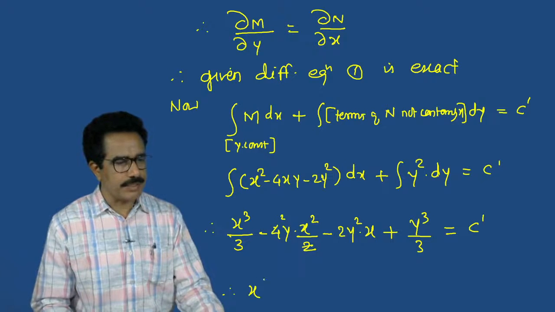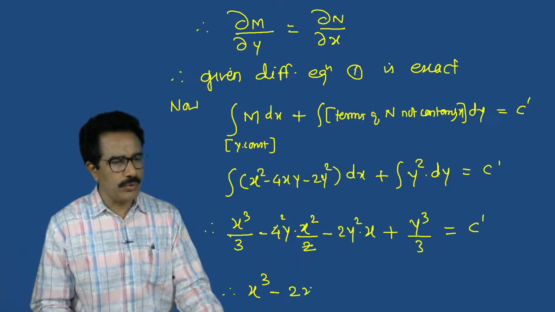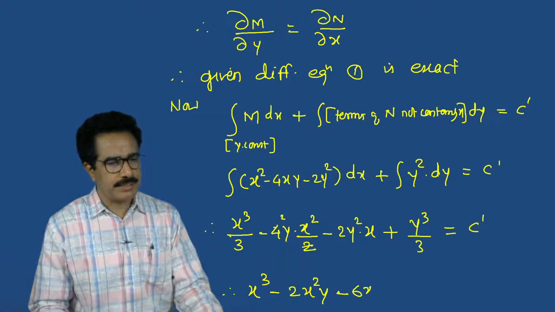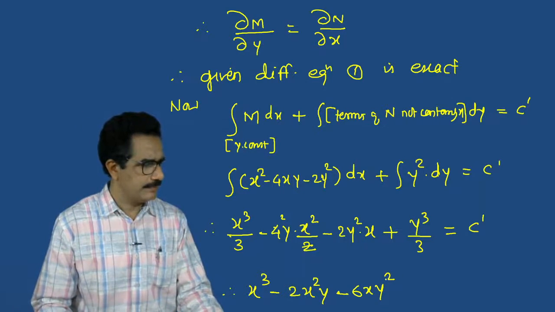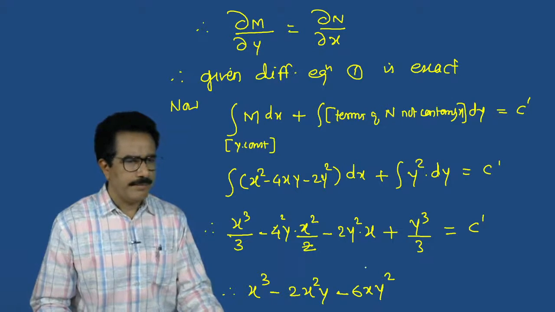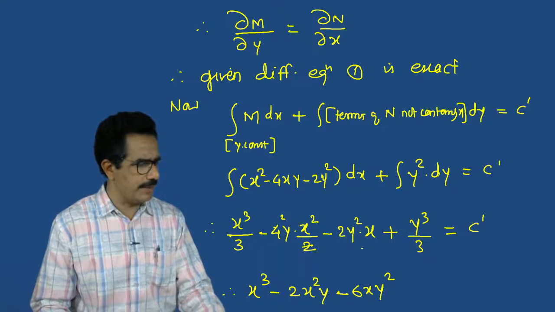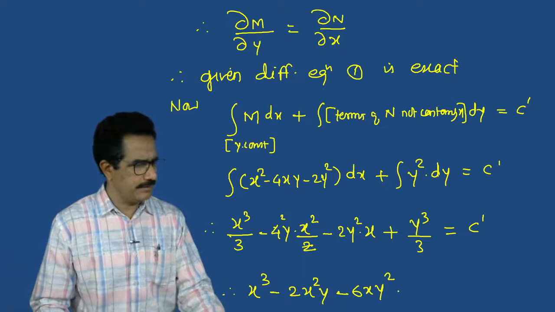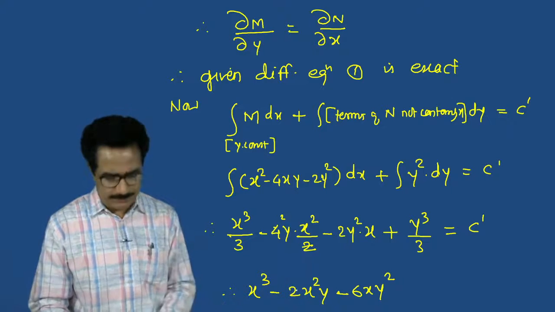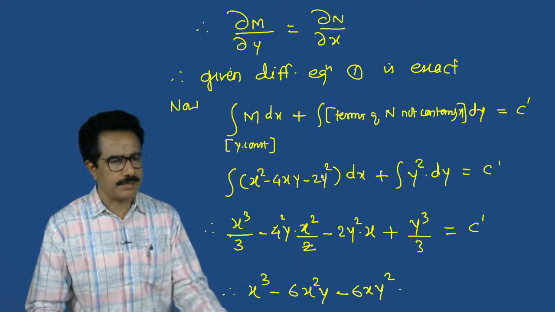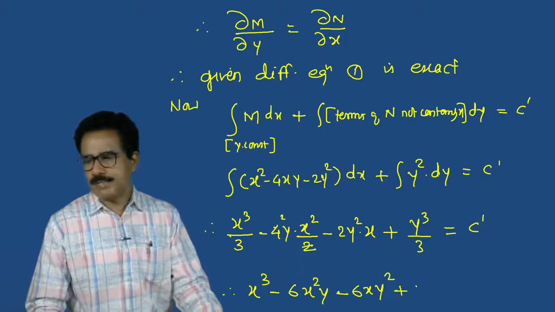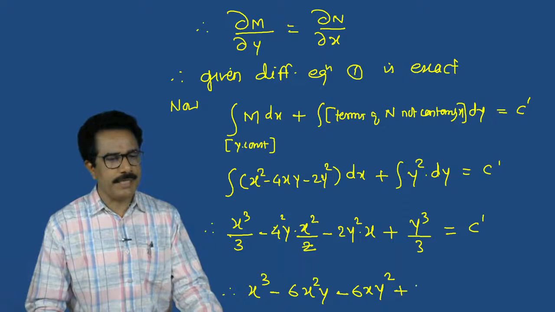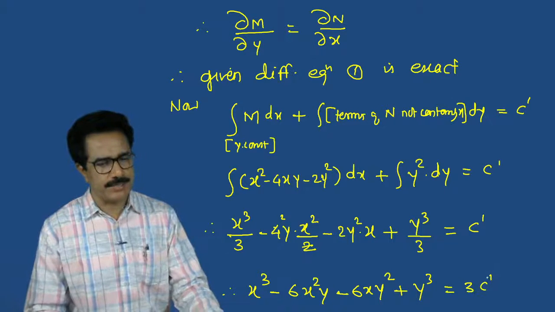So we get x cube minus 2x square y minus 6xy square, बरोबर आहे का? पहा बरे इथं 6xy square. हा परत काय येईल पहा आता, इथं किती येतं पहा, 2 येतं ना. 2 ला मल्टिप्लाय केल्यावर 6 होईल इथं पण. 6xy square plus इथं येईल y cube, 2y cube is equals to 3c dash.